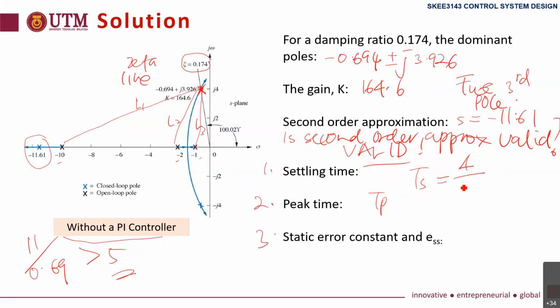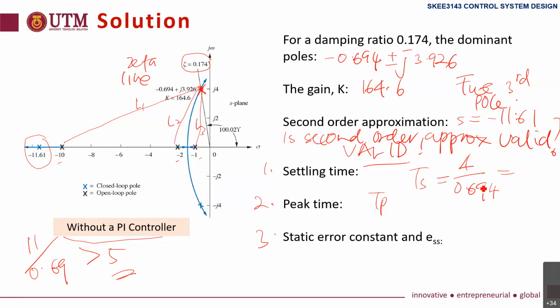Four over zeta omega n, 4 over 0.694, which is 5.764.